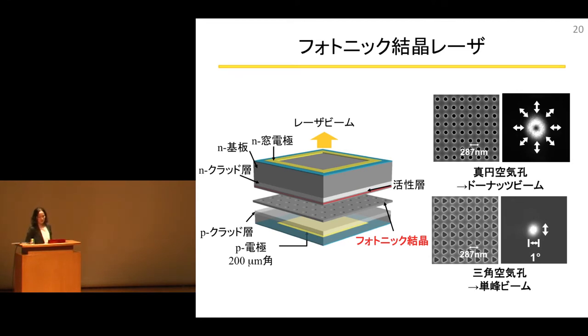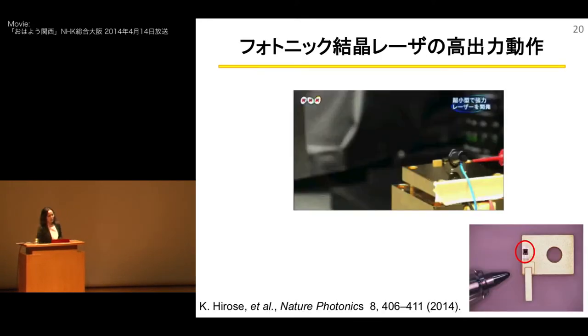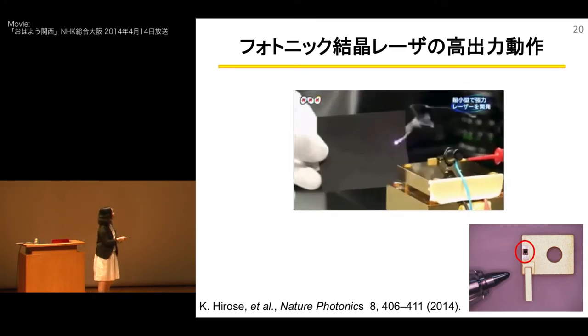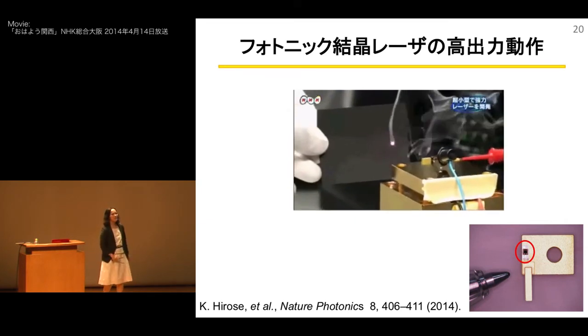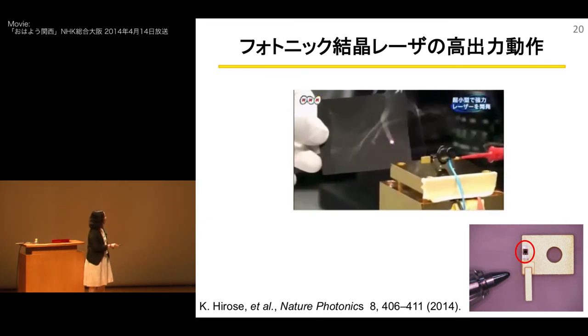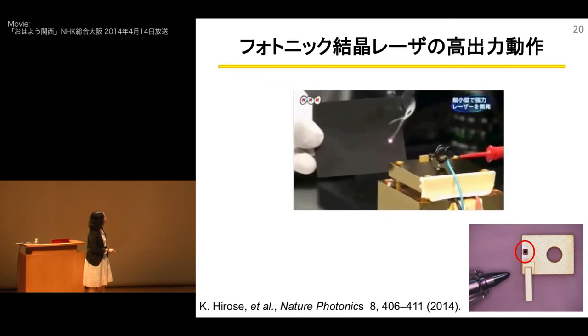The single lobe beam has a very strong power. The maximum output is 1.5 watt. 1.5 watt, maybe you cannot understand how big it is. So this is a very nice demonstration to show how big it is. This is just a simple black paper.